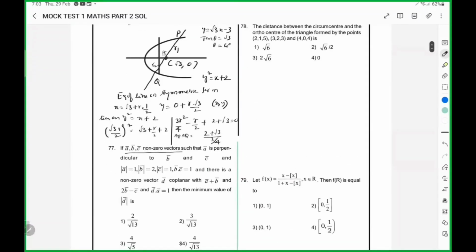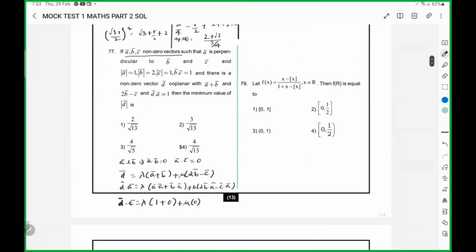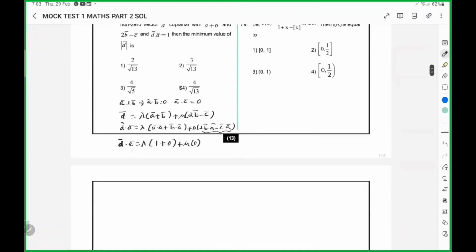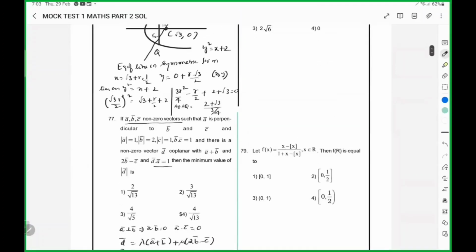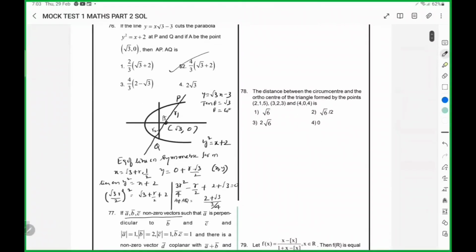A is perpendicular to B and A is perpendicular to C, so this whole thing becomes 0. D dot A is given as 1, so from this we can say lambda is 1.